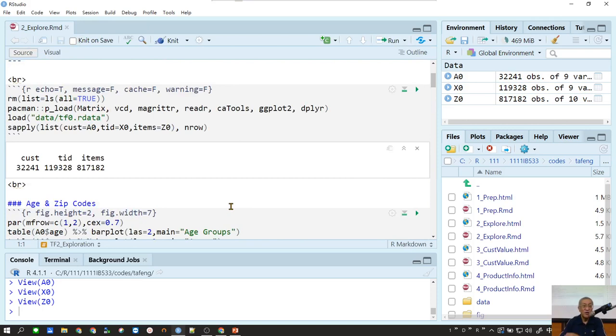Now, if we have all of this data here, actually we can count the number of customers, count the number of transactions, count the number of items. We can read the data here actually, right?